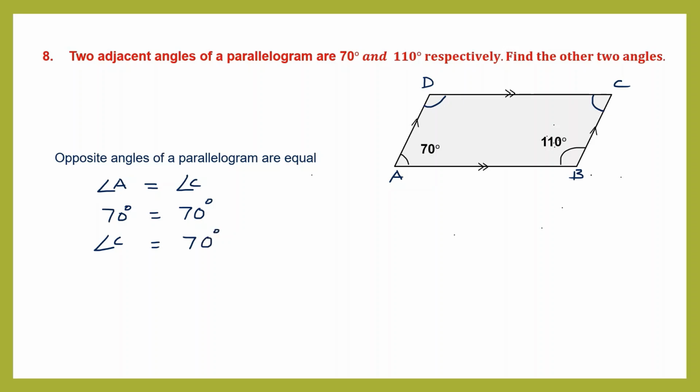Next one, angle B and angle D are also equal. Opposite angles are equal. So angle D is equal to angle B. Angle D is equal to 110 degrees. So we found the other two angles. Angle C is 70 degrees and angle D is 110 degrees.